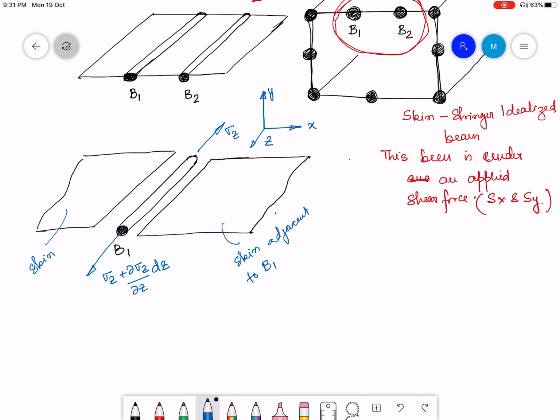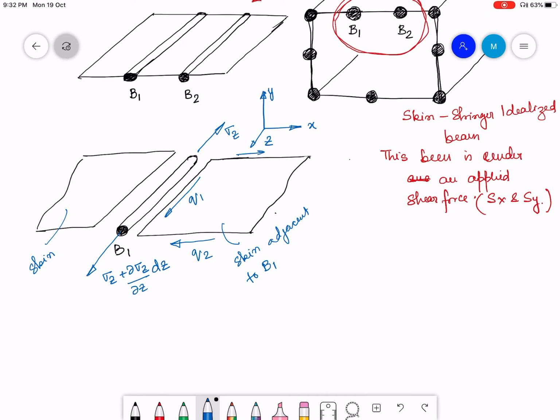The skin is going to experience the shear stress and the corresponding shear flow. Let me call this Q1, shear flow. If this is Q1, then the complementary shear flow on the other two directions is going to be Q2.